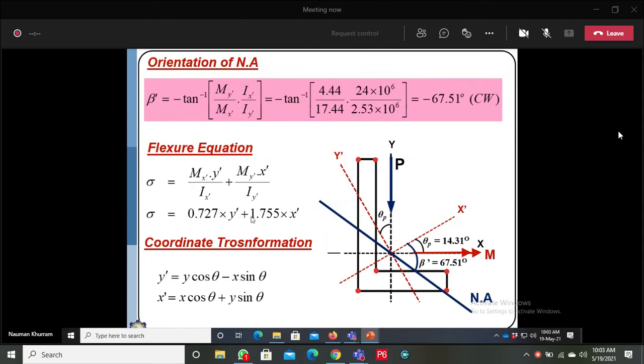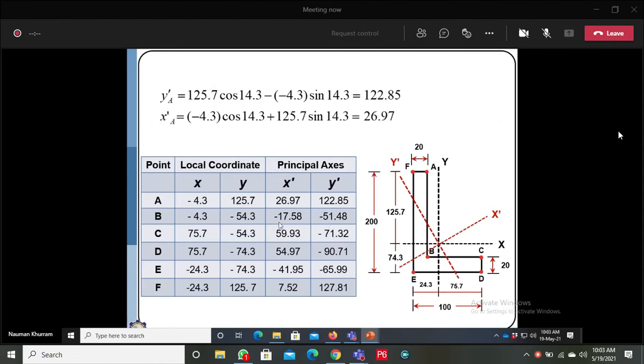For example, for point C, if the bar value is negative, we will substitute this value as positive. But we need to substitute their sign with respect to the tension or compression concept.